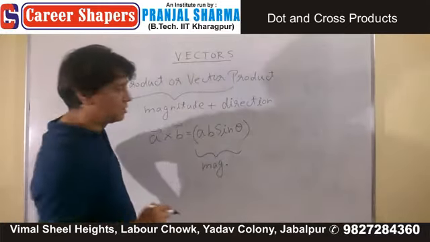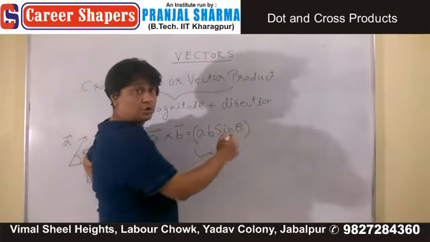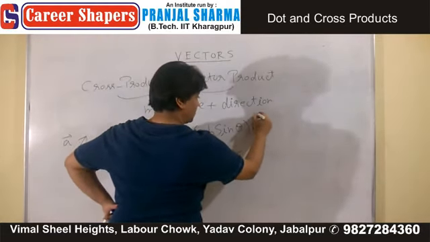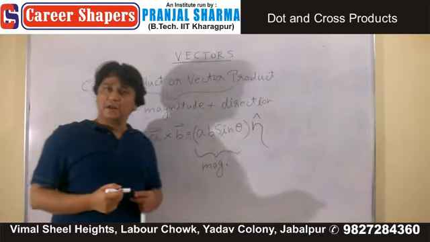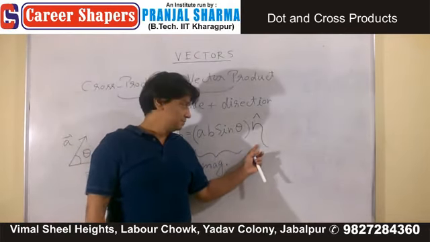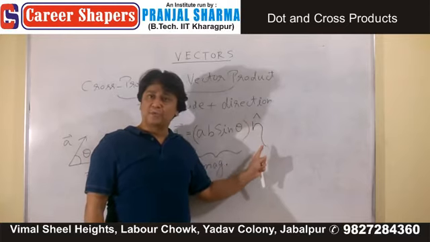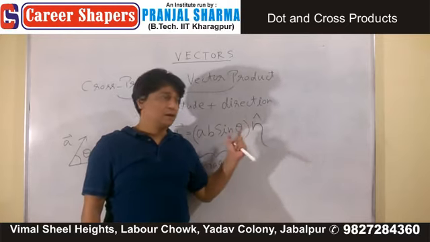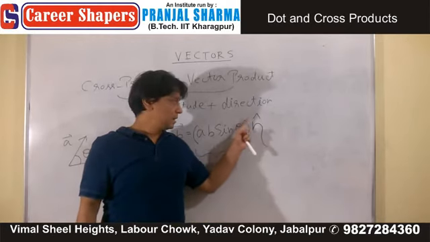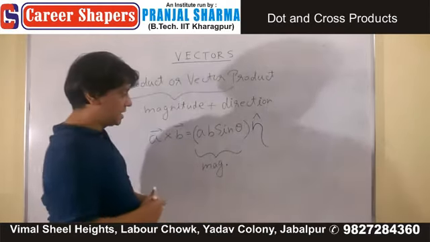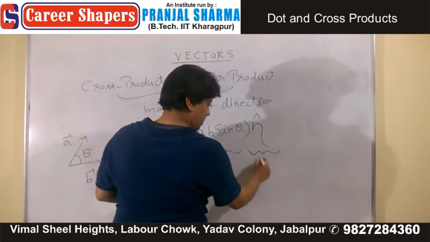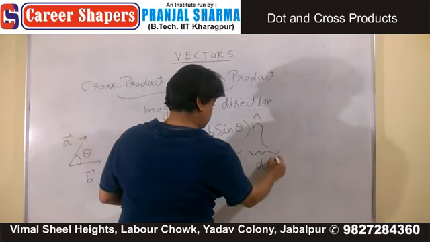For direction, we use unit vectors, and this unit vector is normally written as eta cap. This n type of thing is called eta cap, just like alpha, beta, theta. This eta cap is for direction.